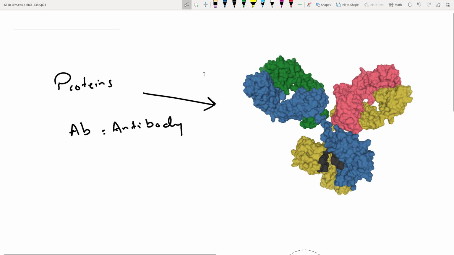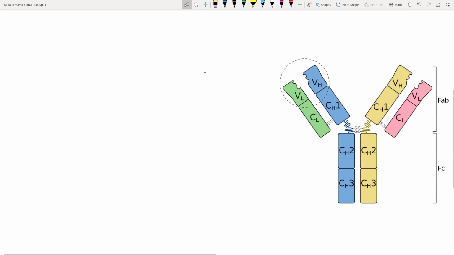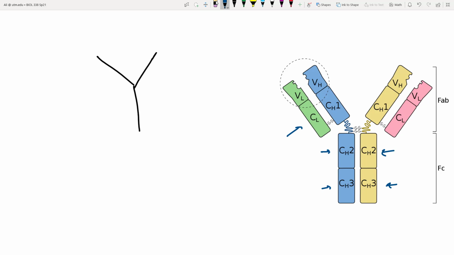This is the structure of an antibody, but let's take a closer look at this cartoon drawing, which is mapping out some of the regions on an antibody. An antibody has the shape of a Y, like this. And you can see that you have these constant regions, which are denoted by a C, CH2, CH3, C1, Cl, etc., right?